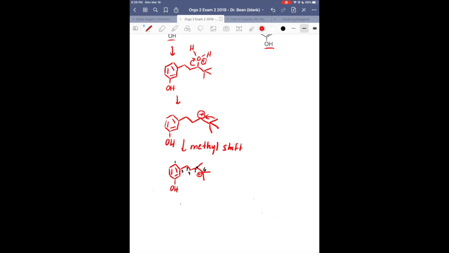So what we're going to want to do, this is going to be an EAS reaction where you have an electrophile, which happens to be this alkyl branch coming off the carbocation, and your benzene is going to act as a nucleophile. Remember that. So it's going to go to the ortho position to that alkyl group, and also the para position to that hydroxy group.